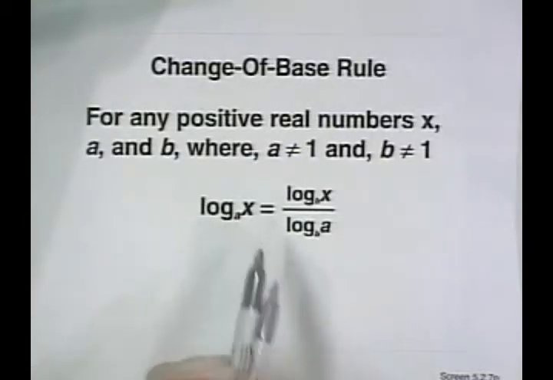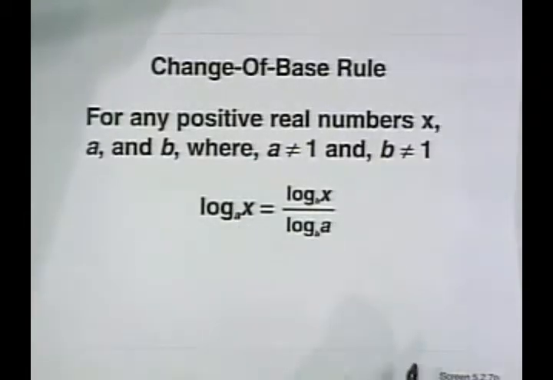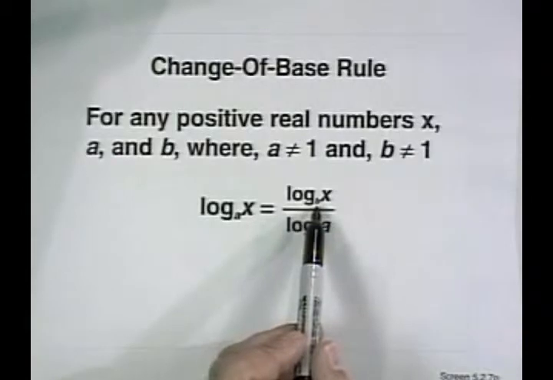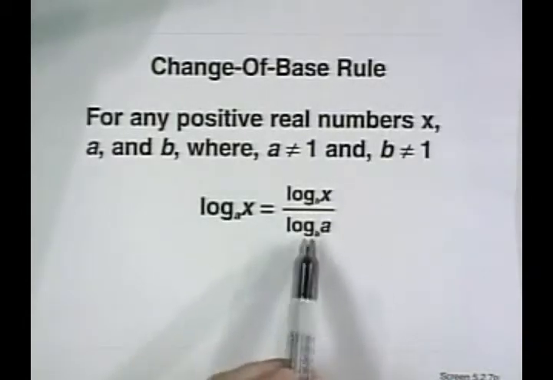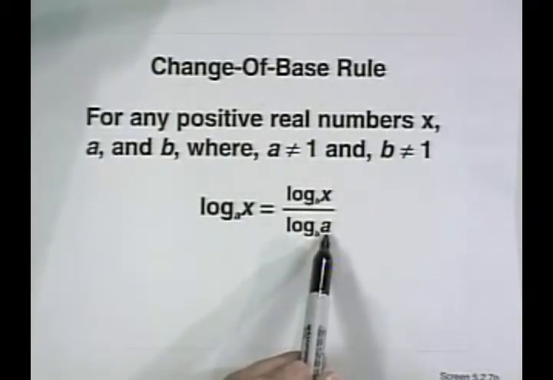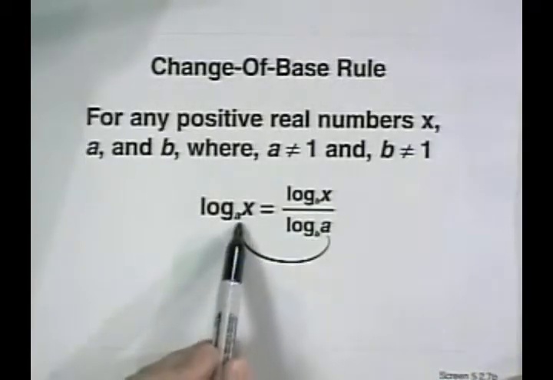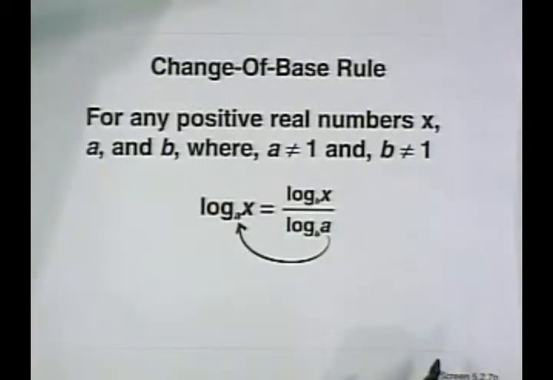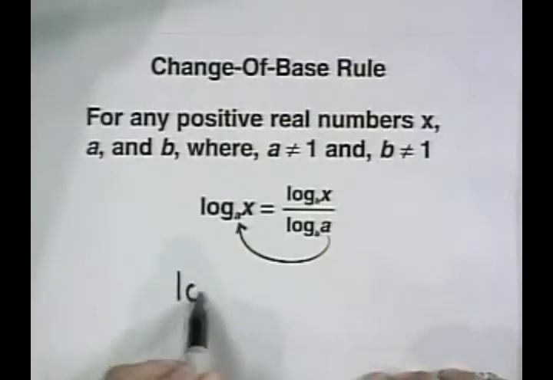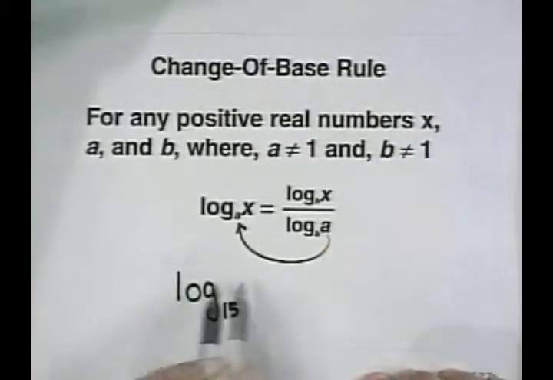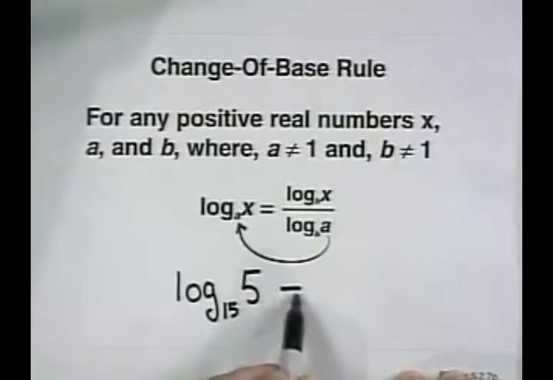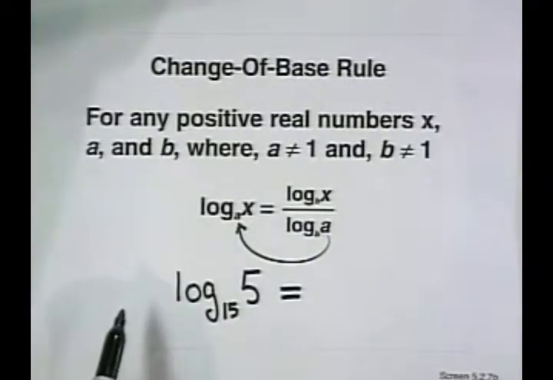the log base a of x, that's our old base, is equal to the log base b, the new base, of x divided by the log base b of a. What was a? A was our old base. Well, this turns out to be a very handy idea, because if we were looking for log base 15 of 5, our calculator can't do this, and unless we had some paper tables that told us what base 15 logs were, we wouldn't be able to do this problem.